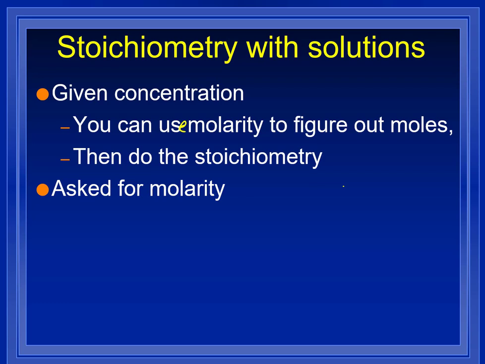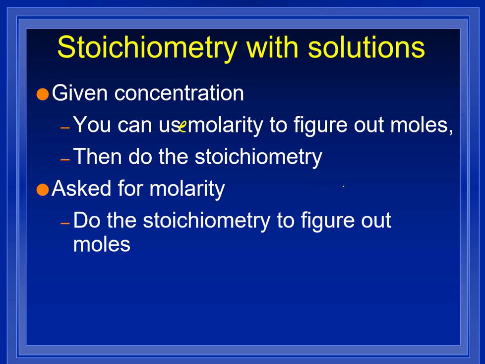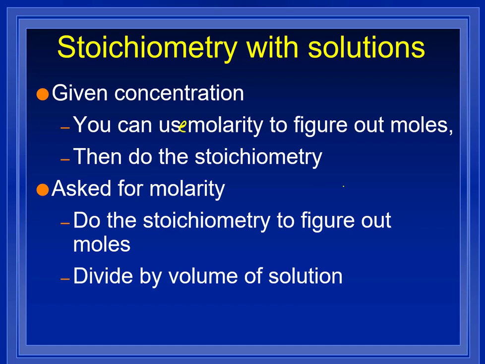In order to figure out the concentration, you would need to know the moles and the liters. So you do the stoichiometry to figure out the moles. And then once you've got the moles, and you want molarity, you just need to divide by the volume of the solution.